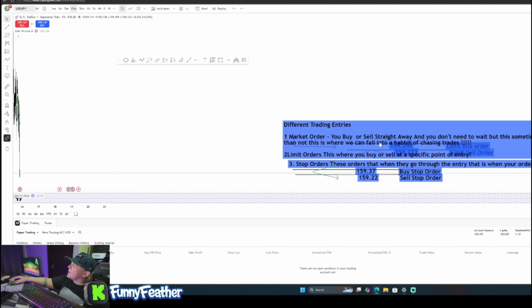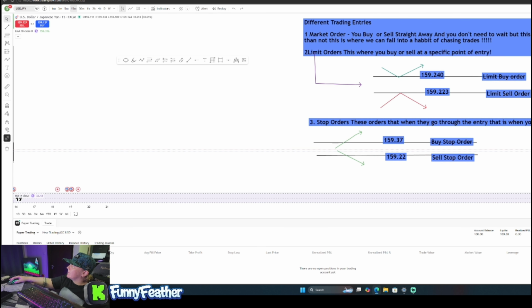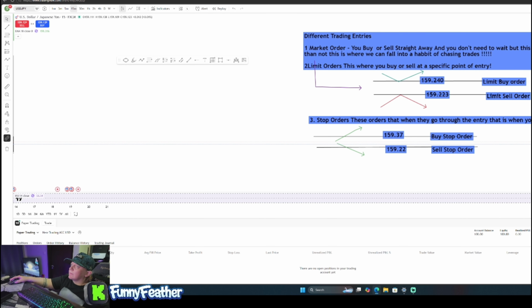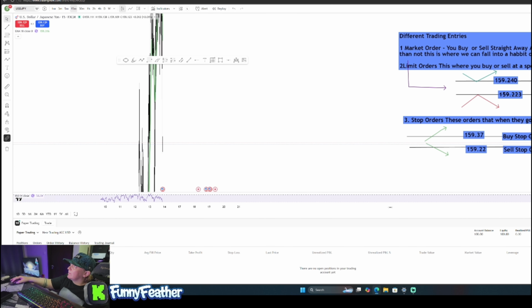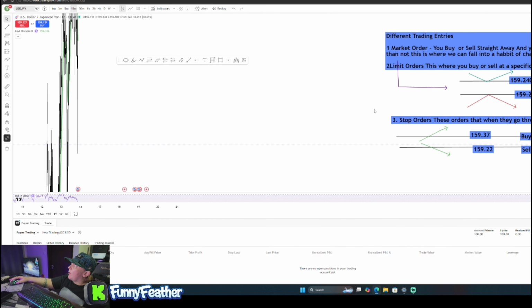You have the market order, the limit orders, and stop orders. Alright, so those are the main points for risk management and entering trades.